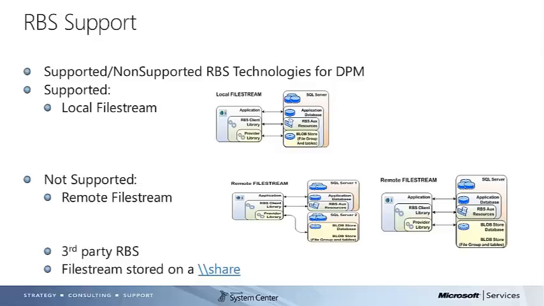Now this is all very specific to SQL. But this is the terminology we need. If you have a DBA that's setting up your backend for your SharePoint farm, this is the information that you need to tell them, is that it needs to be a local file stream. What's not supported is any remote file streams.